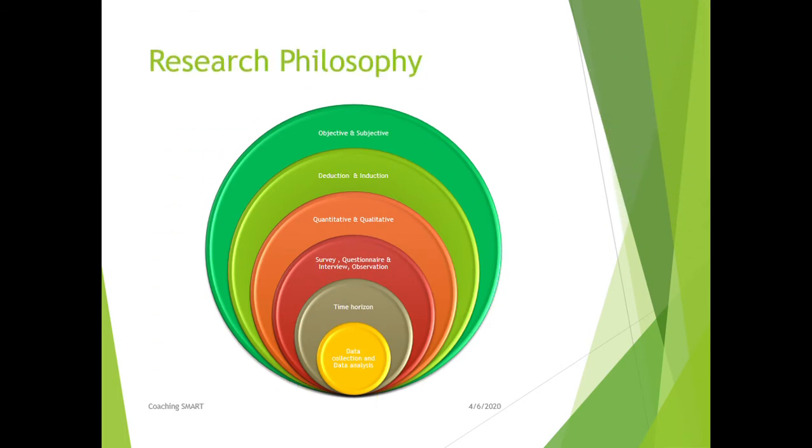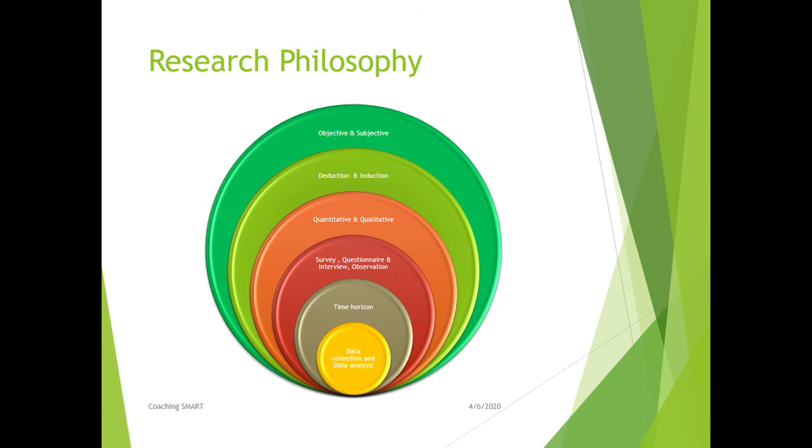So in the research philosophy, we have objectivity and subjectivity. The first green here gives us the philosophy of our research. So when you're coming up with your research, you must understand what your direction is: are you following the objective direction, or are you following the subjective direction?